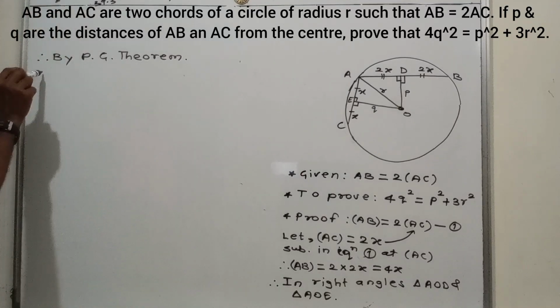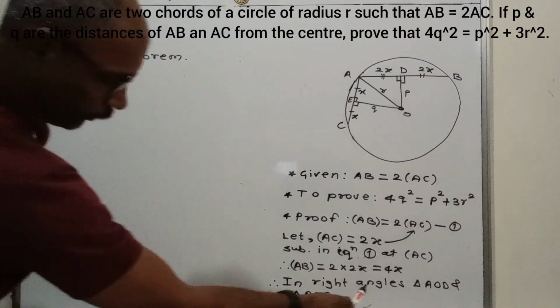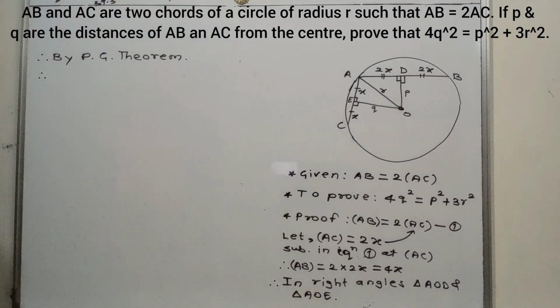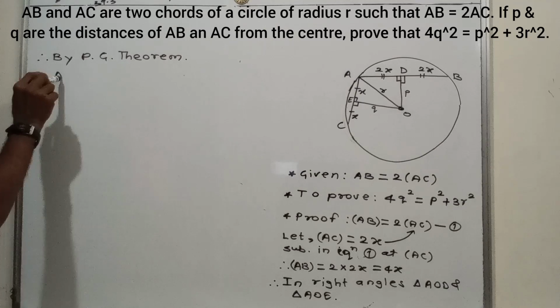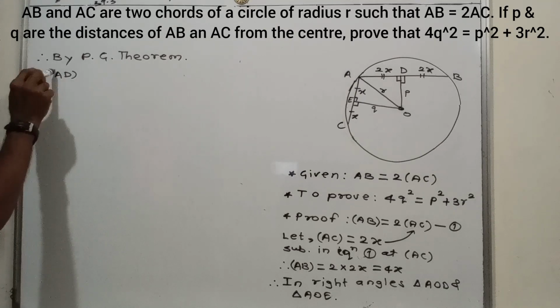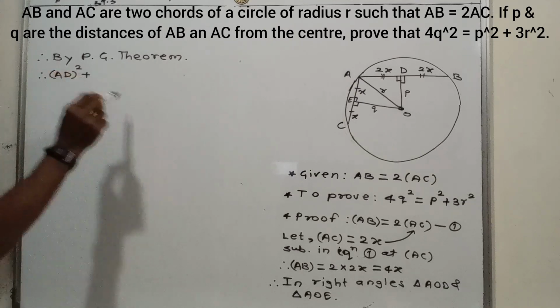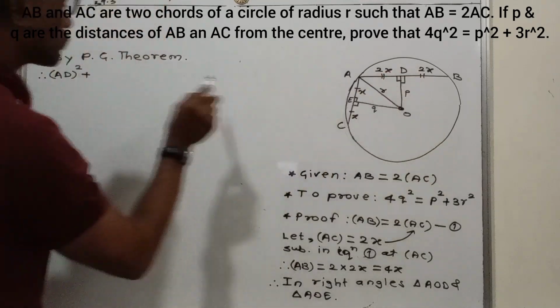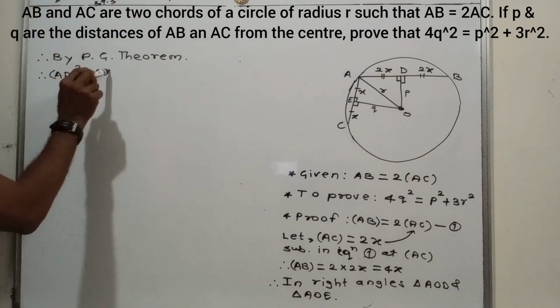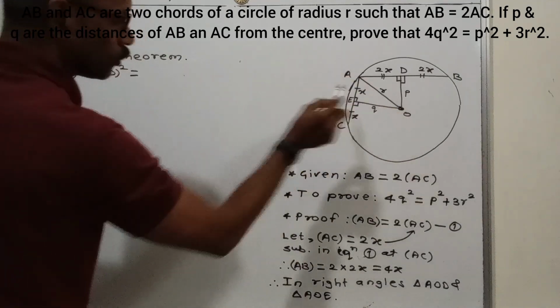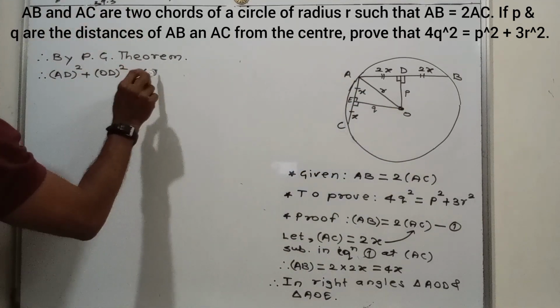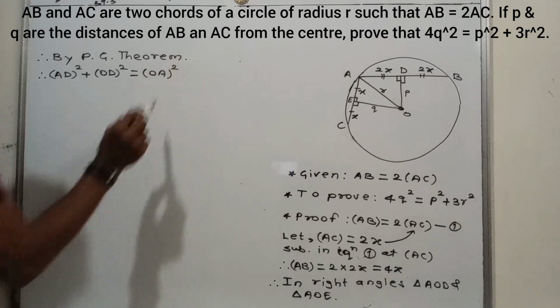See this. First we take AOD. AD square plus OD square is equal to OA square.